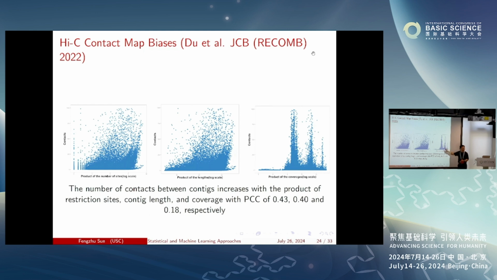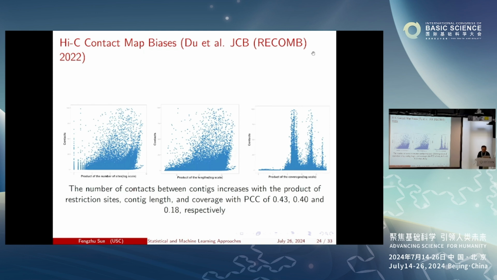If both contigs are long, they are more likely to be linked together. So if you base it purely on the number of connections, you would just say they interact because they are long, and it does not mean that they really interact. Therefore, we need to normalize this data, and that becomes a data normalization problem.